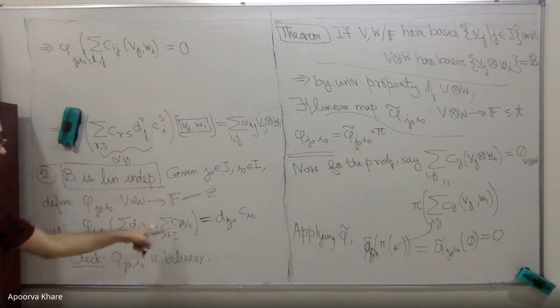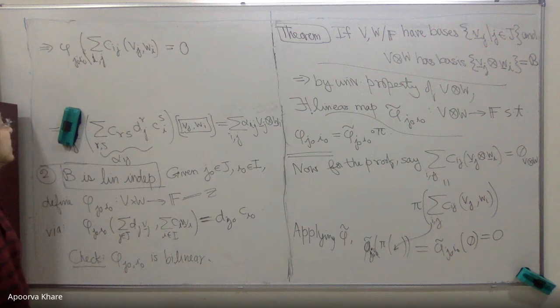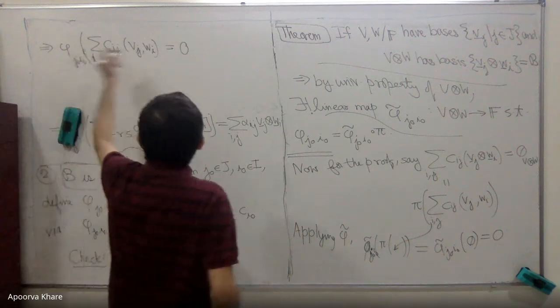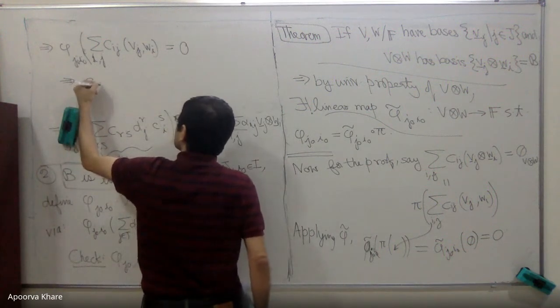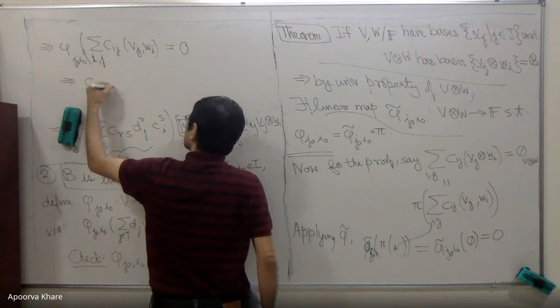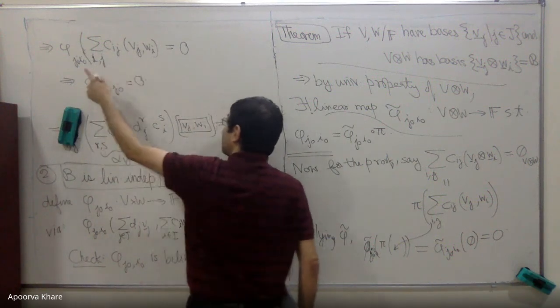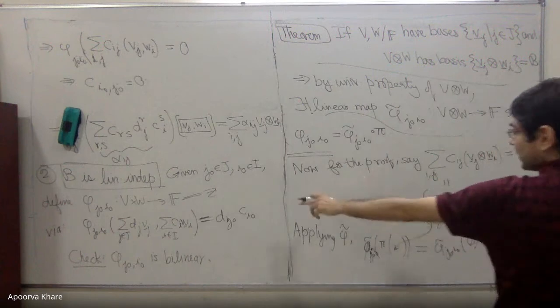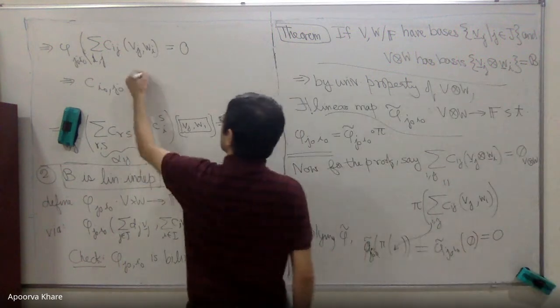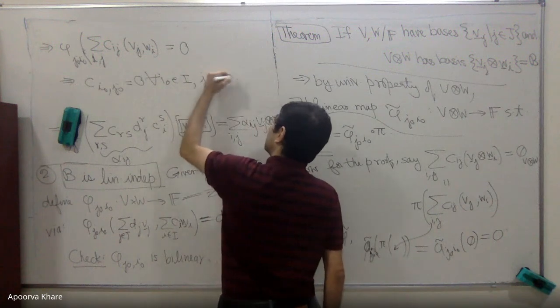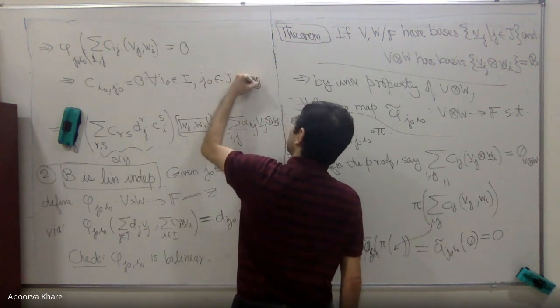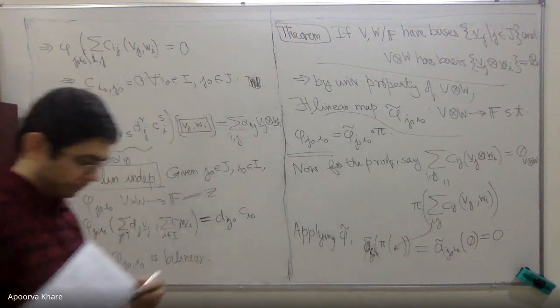But now I know what to do here. It is exactly equal to C I naught j naught. By the definition of pi, we get C I naught j naught equals 0. And I'm doing this for every single I naught and every single j naught, and therefore I get it for all of them. And that proves linear independence, and hence it's a basis.